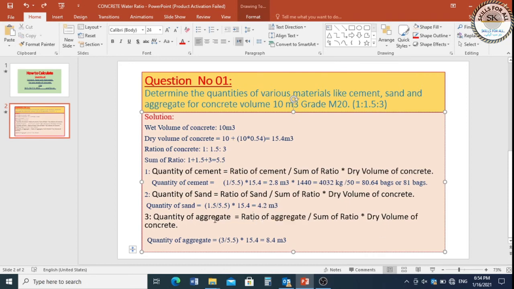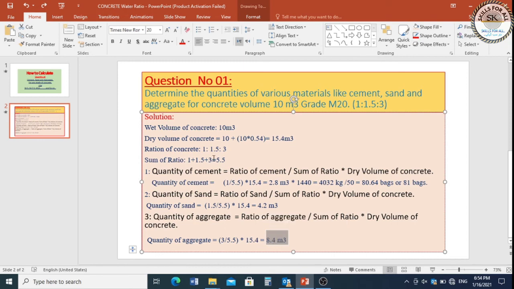Next we will go to quantity of aggregate. Ratio of aggregate divided by sum of ratio multiplied by the dry volume of concrete. Same scenario here. Quantity of aggregate: 3 is the ratio of aggregate, 5.5 is the sum of ratio, 15.4 is our dry volume, and here we will get 8.4.